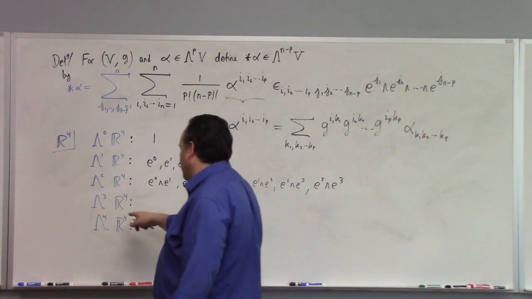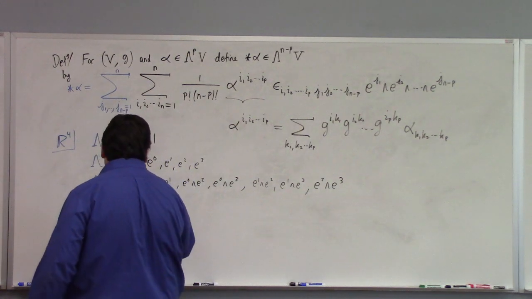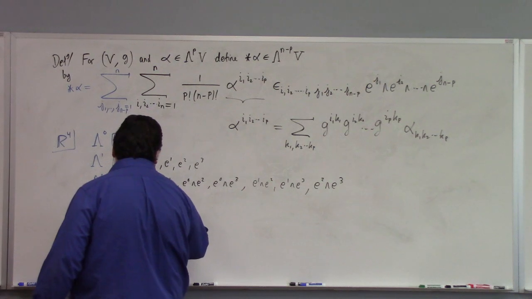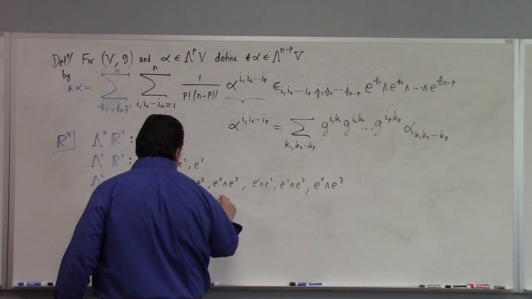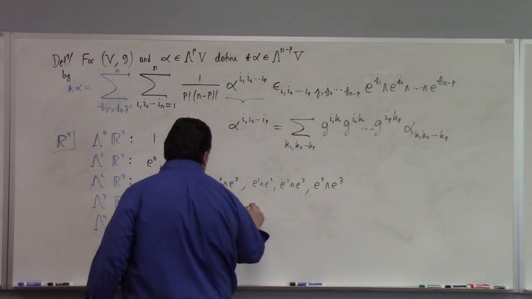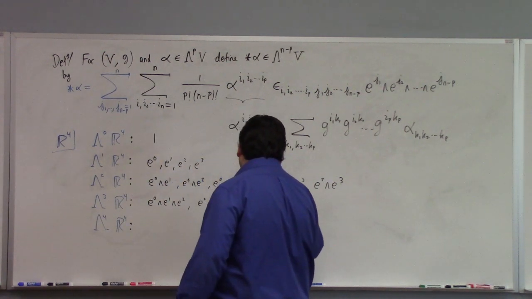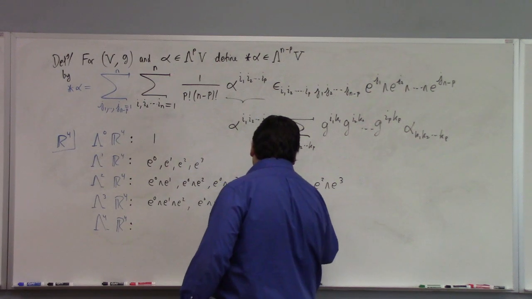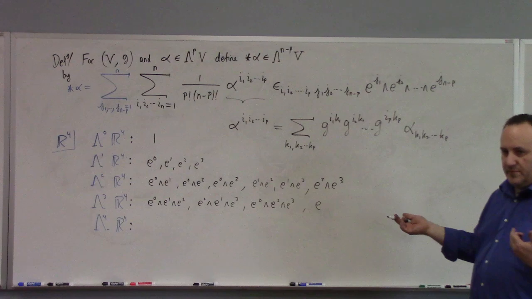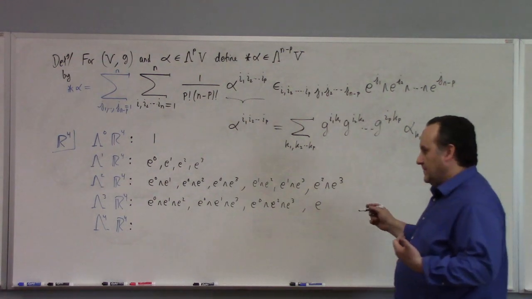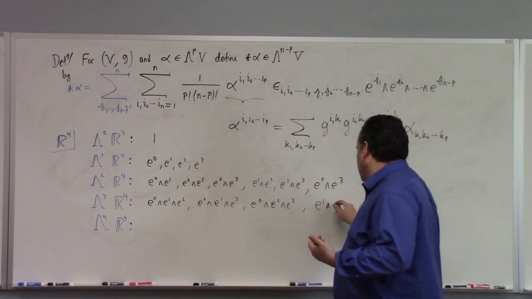How about 3-forms? You've got e0 wedge e1 wedge e2, e0 wedge e1 wedge e3, e0 wedge e2 wedge e3, and the last one, which was the end of the story for 3 dimensions: e1 wedge e2 wedge e3.